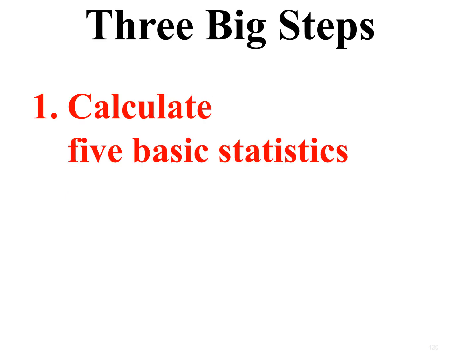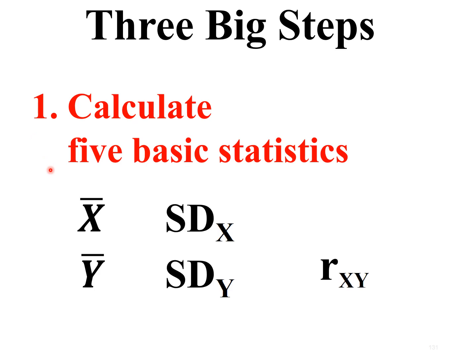In order to calculate the regression equation from raw data, you need to follow 3 steps. So first you need to calculate 5 basic statistics, which are going to be the mean of x, the mean of y, the standard deviation of x, the standard deviation of y, and the correlation between x and y.